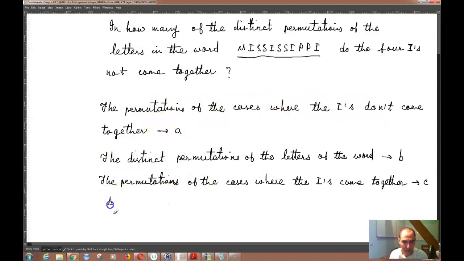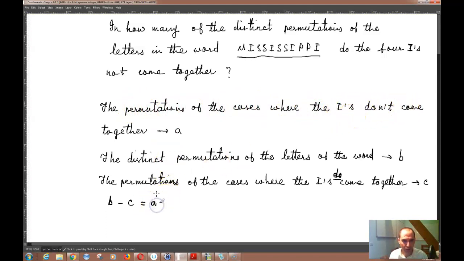So that means B minus C. If I subtract from B, the total number of permutations, all of these permutations where the I's do come together, that gives me A, which is the permutations of the cases where the I's do not come together.